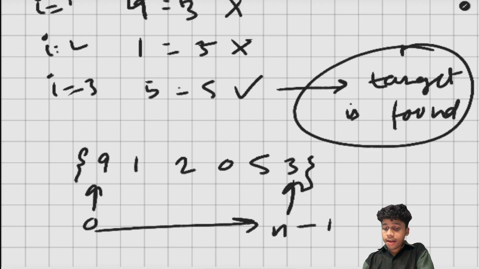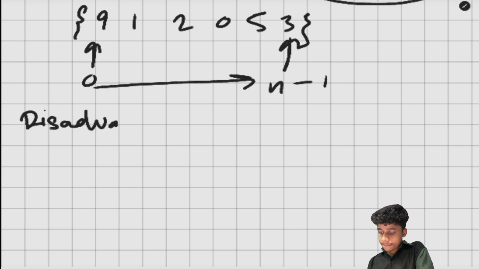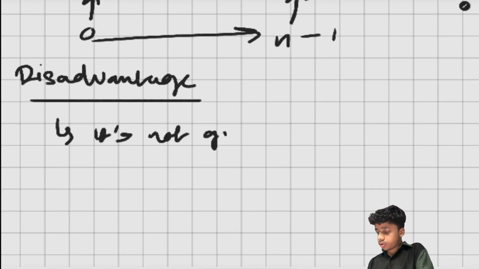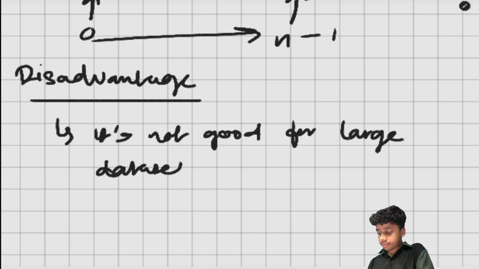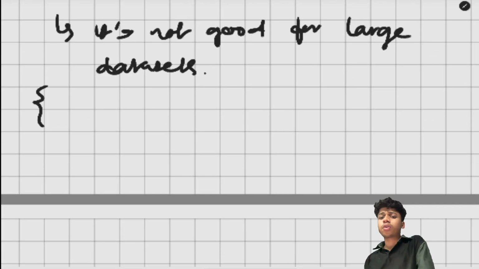Okay, now let's talk about the disadvantage of linear search. What is its disadvantage? First thing, it's not good for large data sets. अभी तुम खुद से समझ सकते हो कि why it's not good for large data sets.